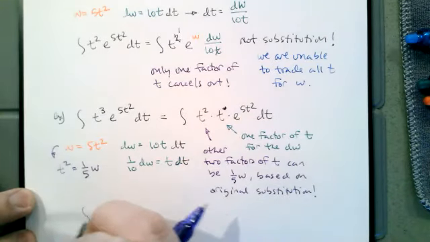The t and the dt all get replaced with a 1/10 dw.